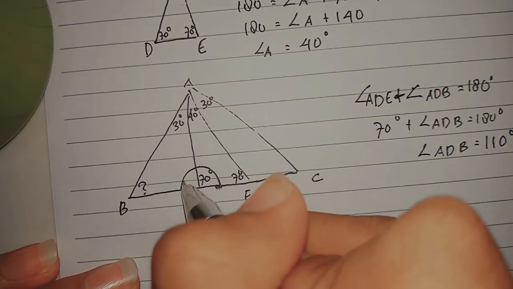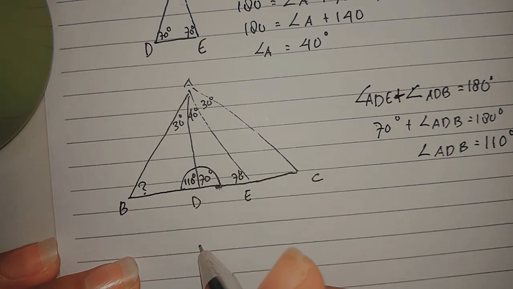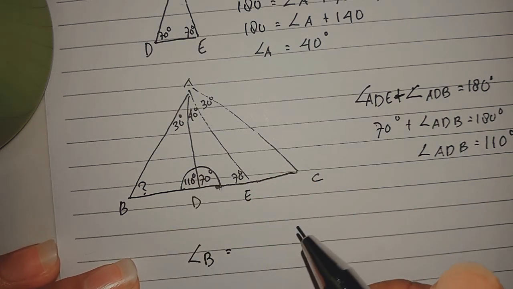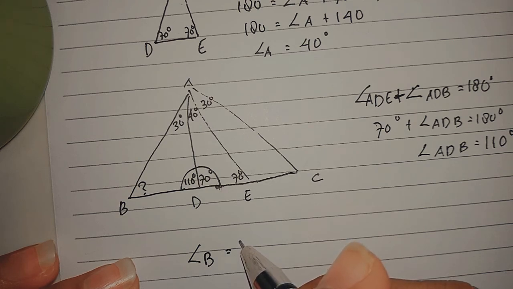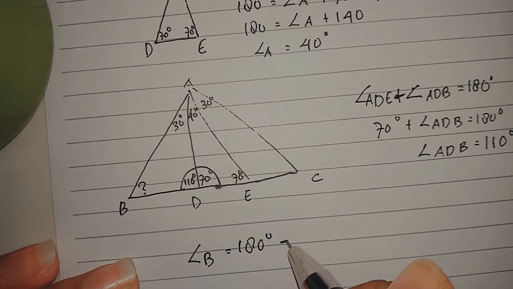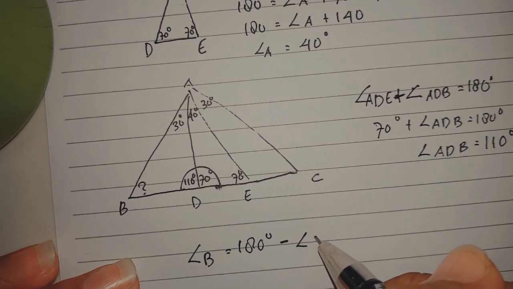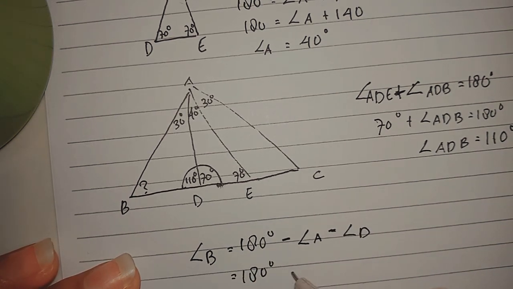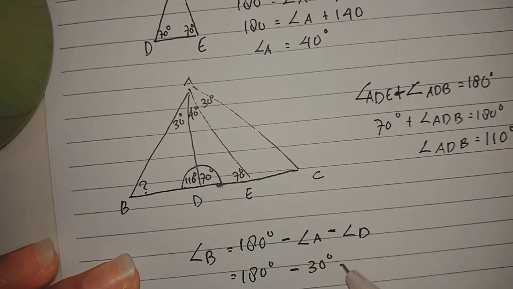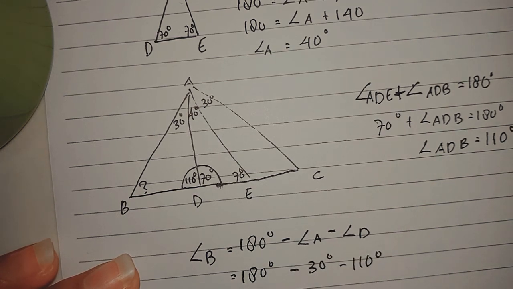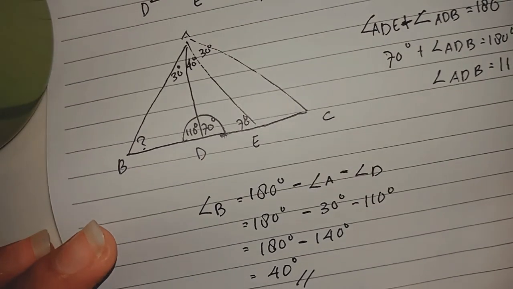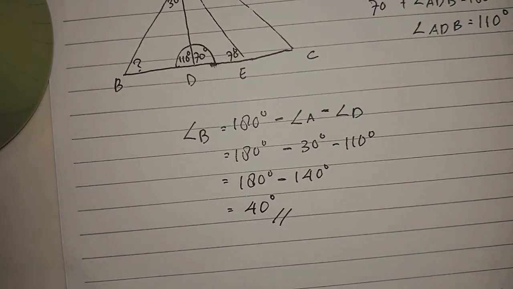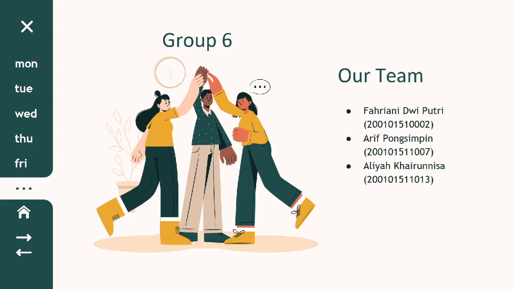So angle ADB equals 110. Now we can find angle B. Angle B equals 180 degrees minus angle A minus angle D, which equals 180 degrees minus 30 minus 110. So the result of angle B equals 40 degrees. We think it's enough.